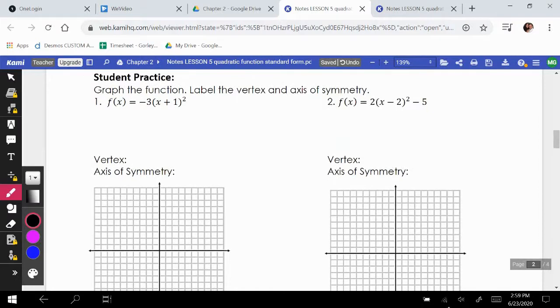So these are just some student practice where we're going to graph the function, label the vertex, and do the same thing with the axis of symmetry. You can pause this video and try it on your own. Welcome back. So the first thing I want to do is write my parent points that I'm going to transform. I first see a vertical reflection, so that's going to change the y value. Multiply those by -1.